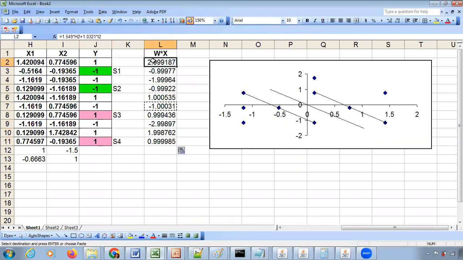So computing WX for the other data points itself is a testing, because we didn't use them for modeling, and trying to see if the WX value comes out to be greater than 1 or less than -1, or even greater than 0 to be simple, is like a testing. Greater than 0 or less than 0 is the testing.